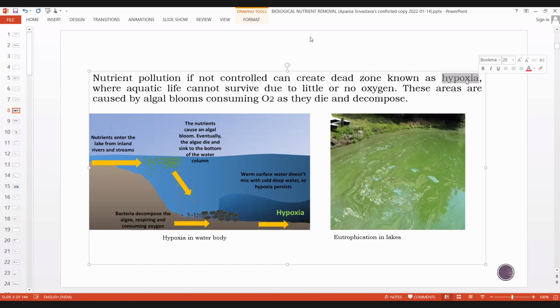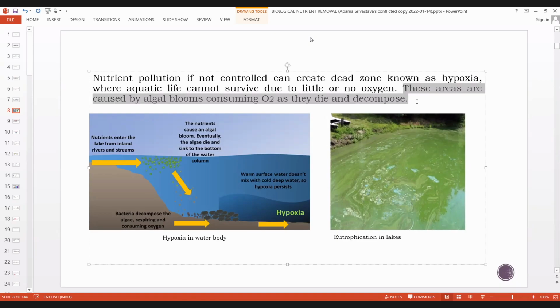All oxygen is used. Now the water does not have oxygen, and still 100% conversion does not occur. So that's why it's a very common problem where aquatic life cannot survive. These areas are caused by algal blooms consuming O2 as they die and decompose.